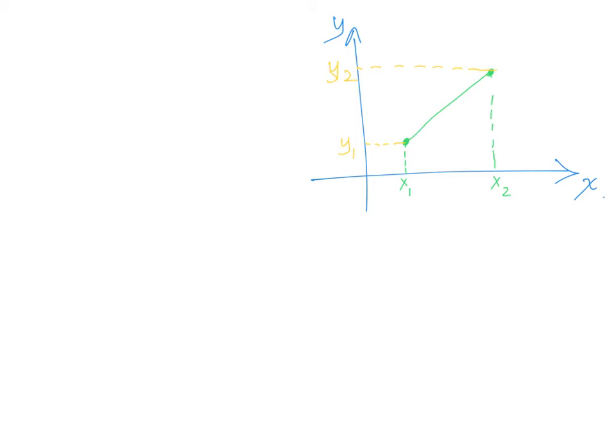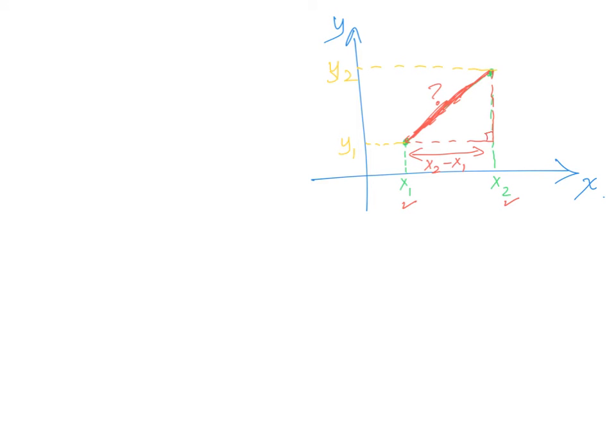Let's make our right angle triangle. We obviously are looking for this length, right? So when you have values, how do you find this length? You subtract x2 and x1. So if we were just to copy that idea and that logic, we'll just write it this way.